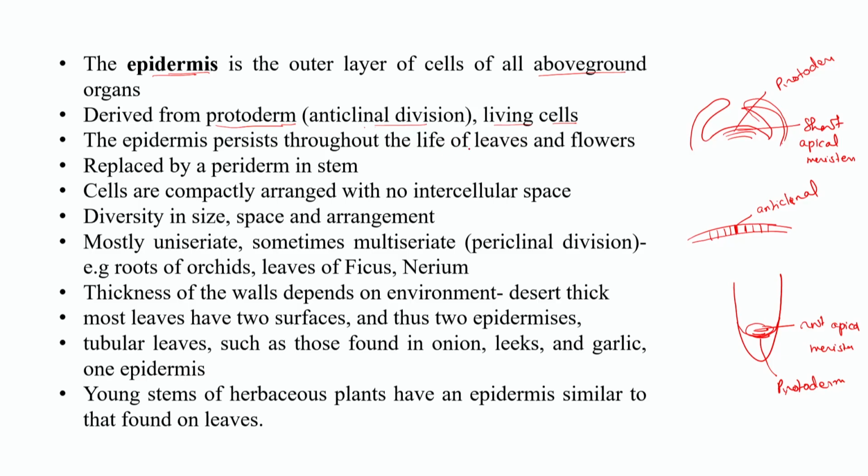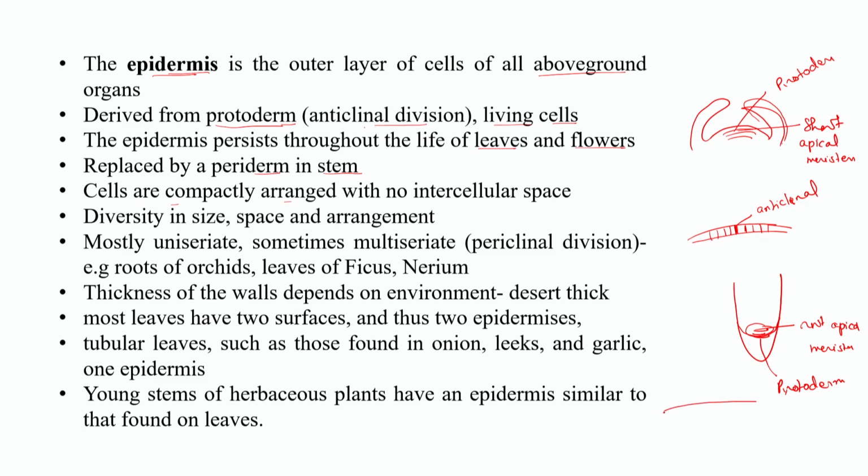Now it is found in all the parts of the plant like leaves and flowers and stem, but in stem, when secondary growth happens, this epidermis will be replaced by periderm. That we will discuss later. In this, cells are compactly arranged with no intercellular spaces.